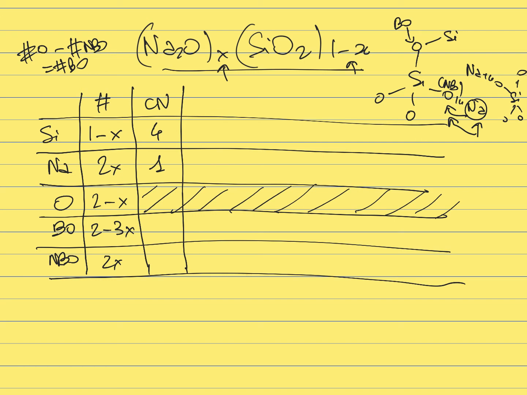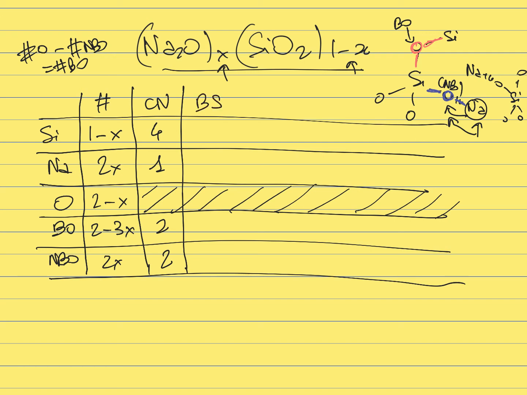Now when you look at the coordination number, the BO has a coordination number of 2. It's connected to 2 silicon atoms. The NBO has a coordination number also of 2, but this time it's connected to 1 silicon and 1 sodium. So the BO atom would be connected to 2 silicon, and the NBO would be connected to 1 silicon and 1 sodium.